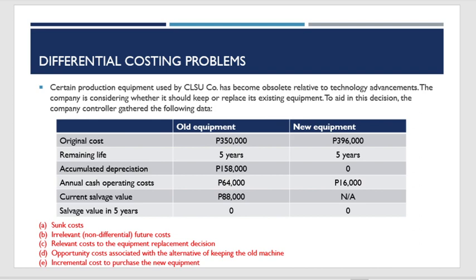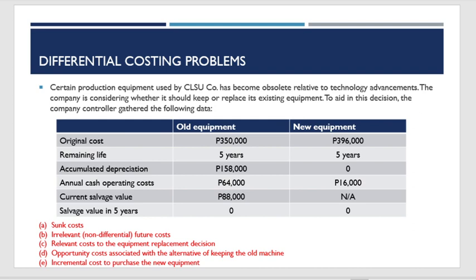Kasi sa old equipment, ang cost mo dyan 64,000. Sa new equipment, ang cost mo dyan 16,000. So may portion dyan sa 64 na 16,000 na parehas dun sa new equipment. So ibig sabihin, yung 16,000 amount does not vary between alternatives.